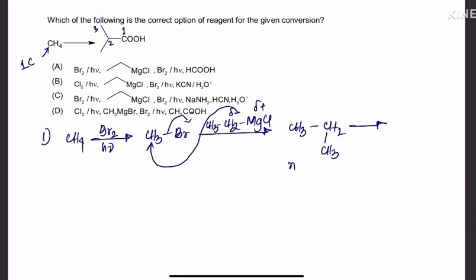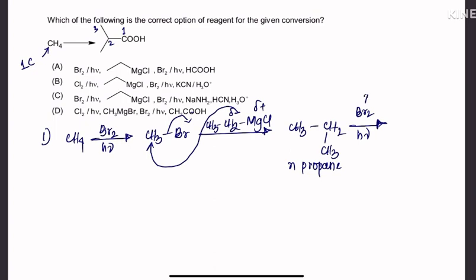So this is N-propane. Now see, in this case if I react with Br2/hv, this will also react in a halogenation of alkane, like bromination of alkane.